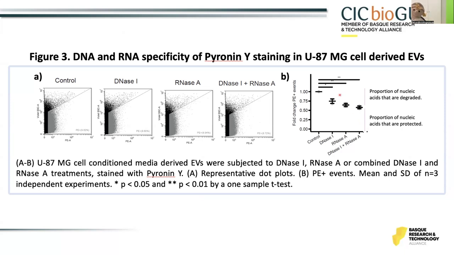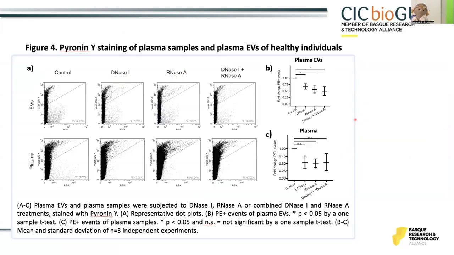So these are free nucleic acid in the purification of vesicle, or free or associated to the surface, that is able to be degraded by the DNAse or RNAse. And then all of these are protected. So this will be considered inside the vesicle. Okay, so the protocol is working.